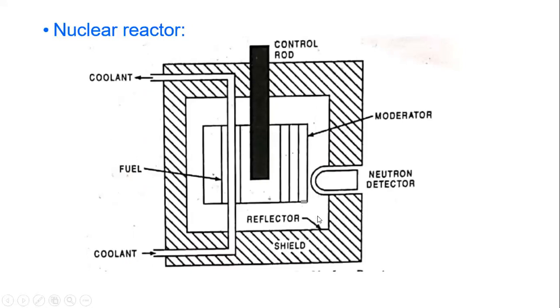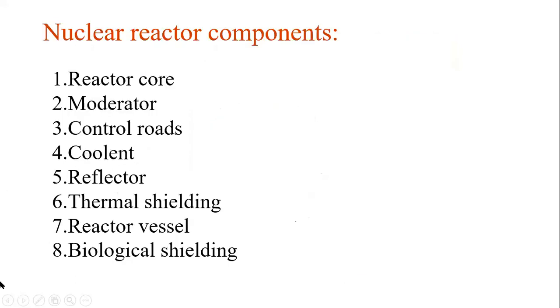These are the reflectors, the biological and thermal shieldings, this is the moderator, these are the control rods, and these are the nuclear fuels, and outermost we have the core. This pipe is the coolant.